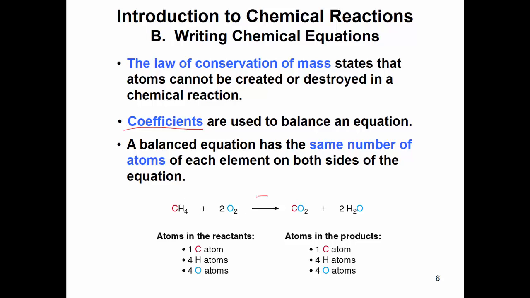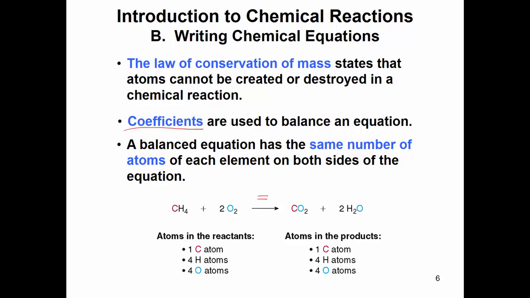You can almost think of this as an equal sign. Of course you don't draw it that way, you draw the arrow for the reaction, but what that's saying is, yes, we form different products, but we still have the same number of carbons on the left as on the right, and the same number of hydrogens on the left as on the right.